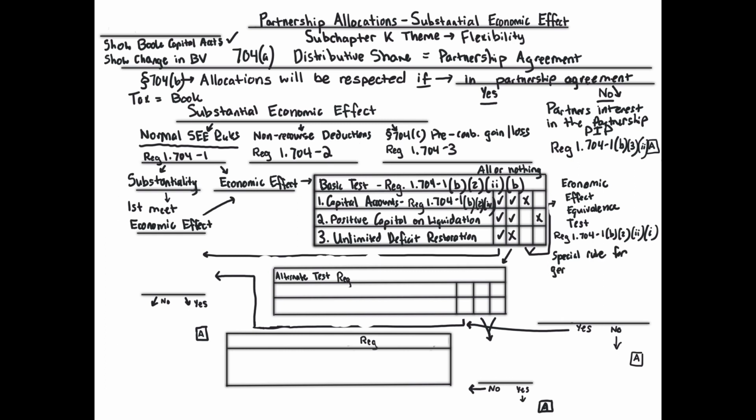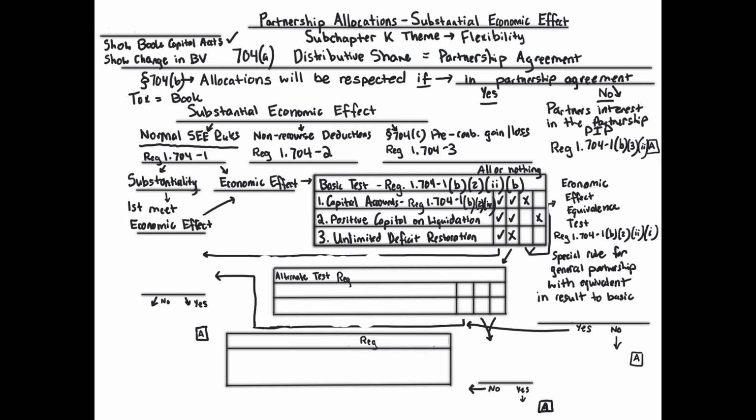And the idea is that if it has an equivalent result to the basic test, but just because you failed number 1 or number 2, we're still going to allow you to be able to respect the allocation.